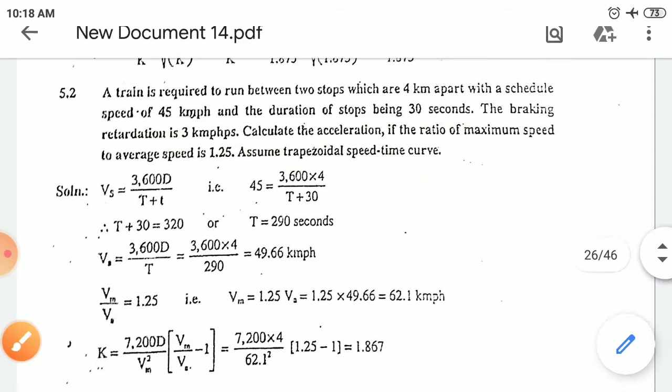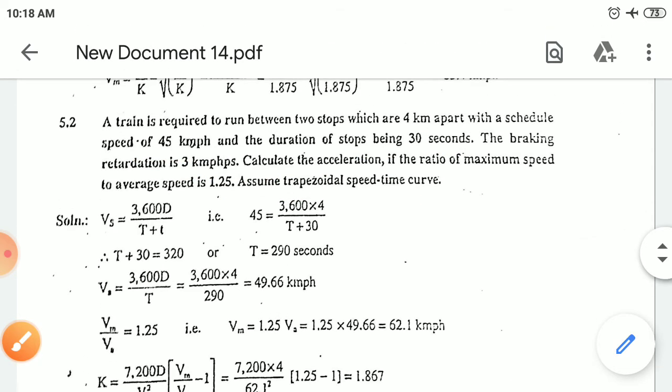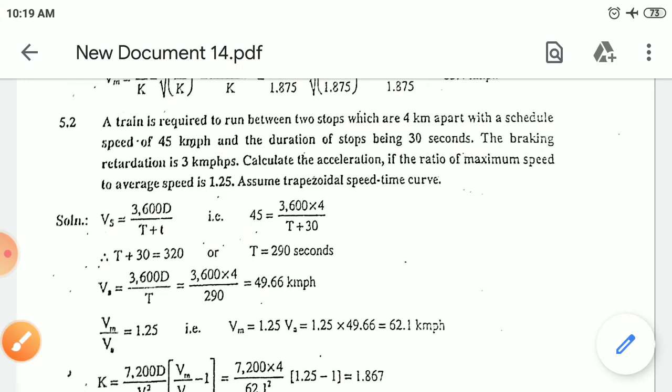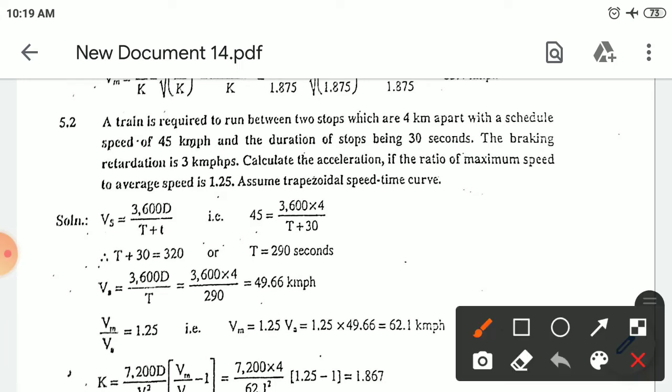Now Vs is equal to 3600 D divided by T plus time of stop. So scheduled speed is equal to distance divided by time, including time of stop.